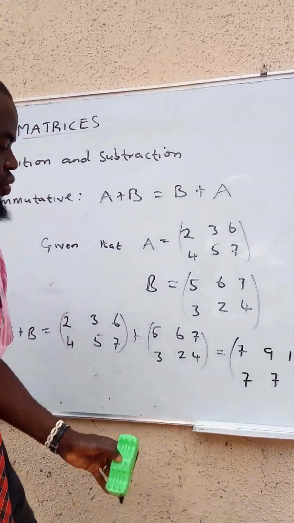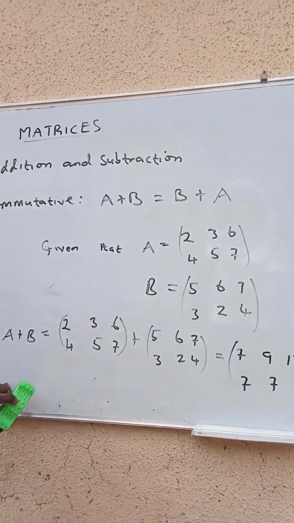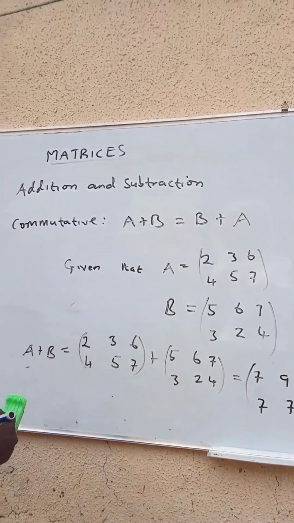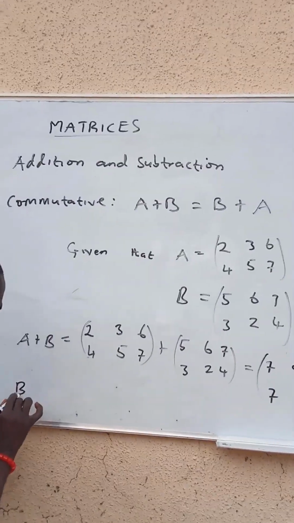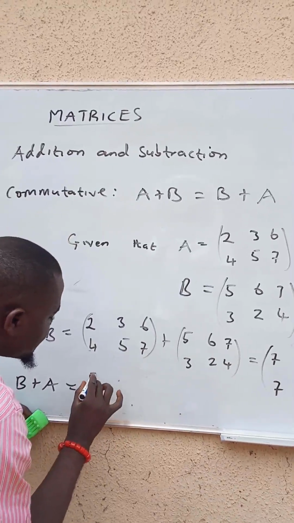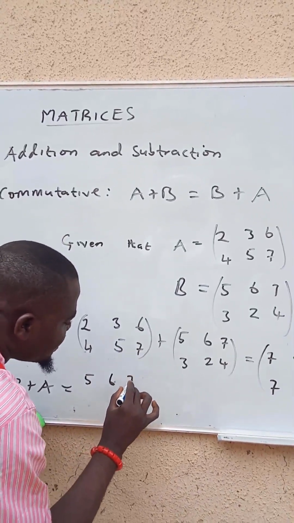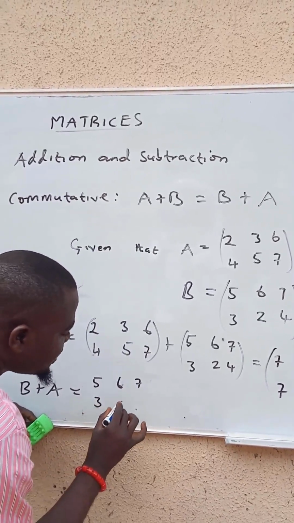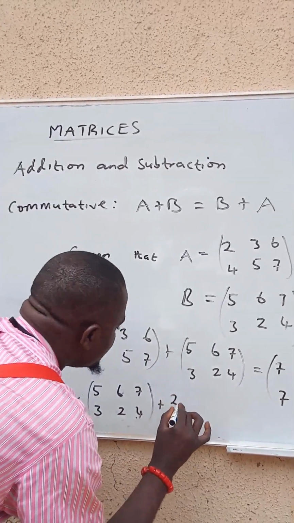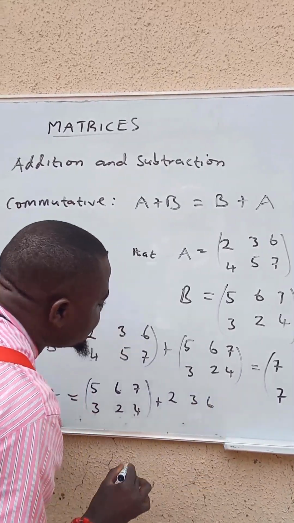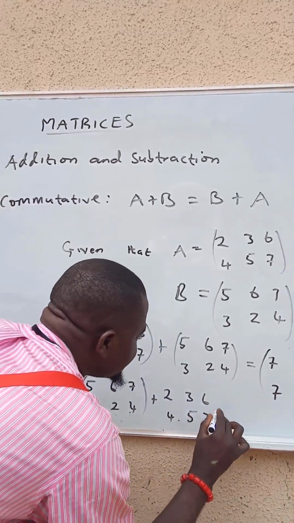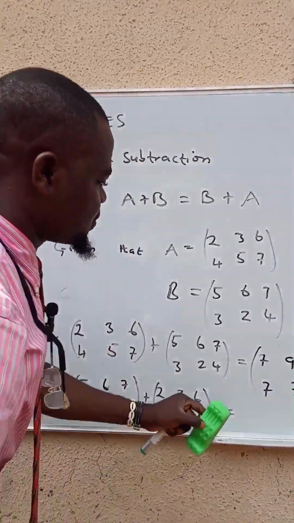So I want to show also B plus A, since they say that A plus B is equal to B plus A. So let's do B plus A. This B plus A is equal to what? I'll bring the B, 5, 6, 7, 3, 2, 4 plus 2, 3, 6, 4, 5, 7. So will it be equal to this?